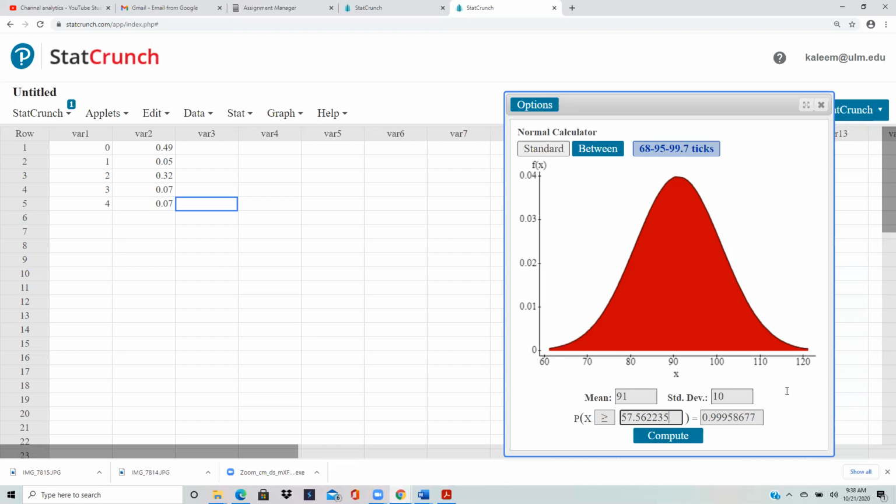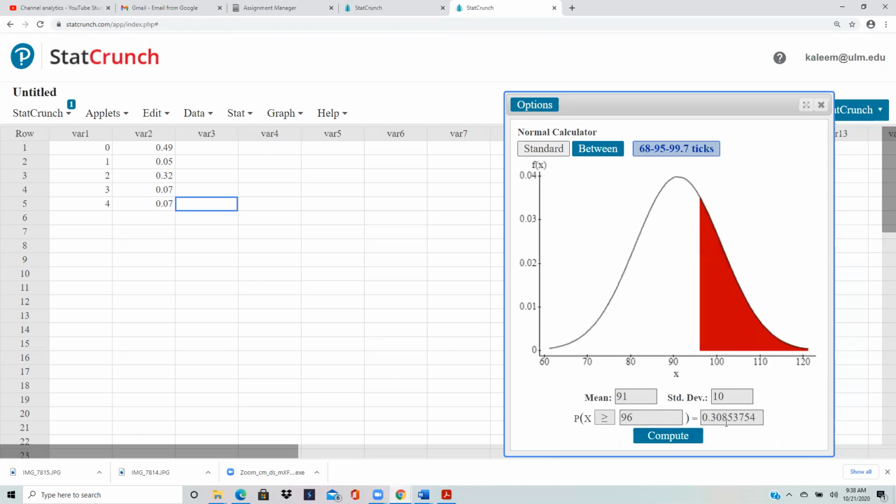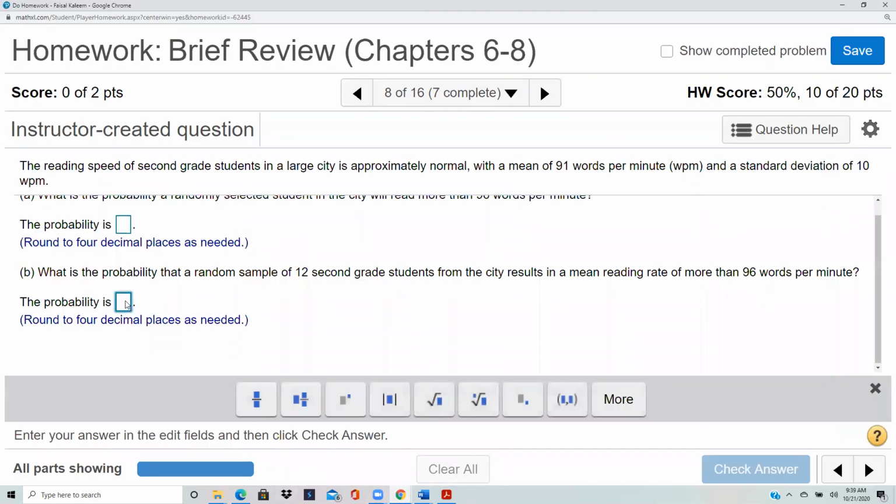Wouldn't it go after the greater than sign? 96.3085. Oh, I'm putting it in the wrong box.